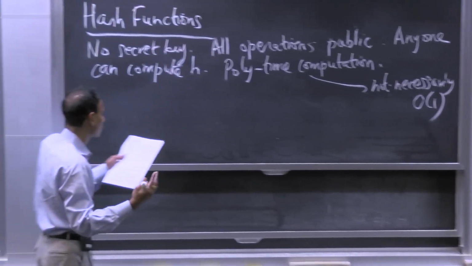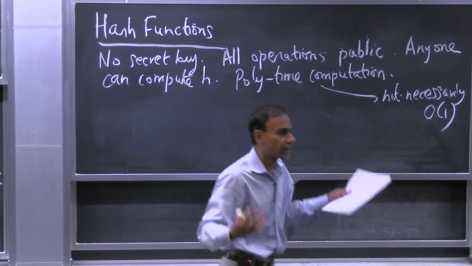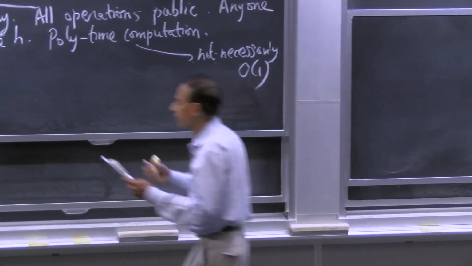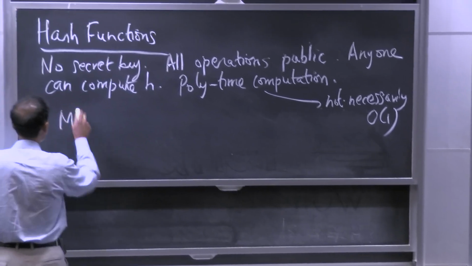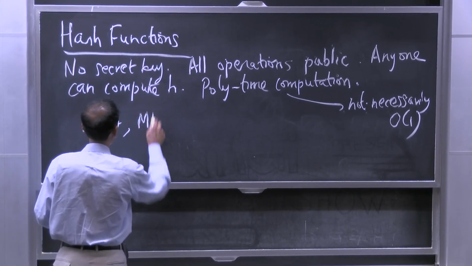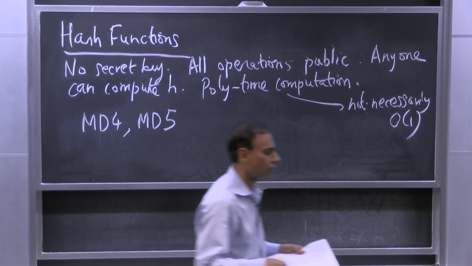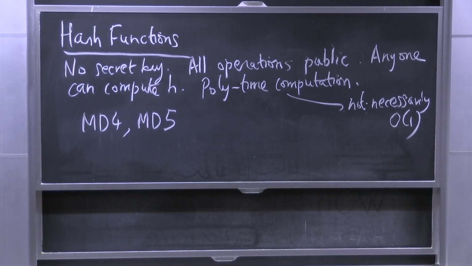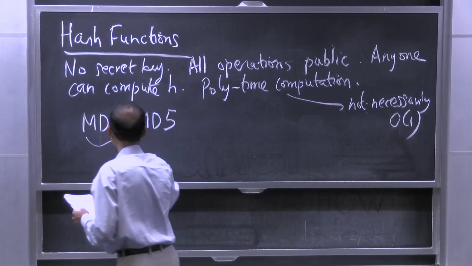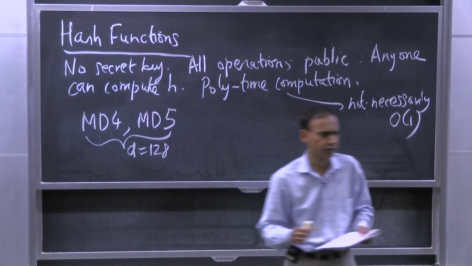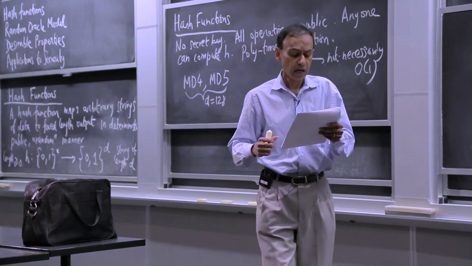And there's lots of examples of these hash functions. For those of you who are into computer security and cryptography already, you might have heard of examples like MD4 and MD5. MD stands for message digest. These were functions invented by Professor Rivest. They had d equals 128 way back when, in 1992, if I recall, when they were proposed.